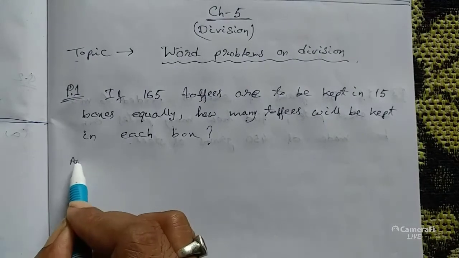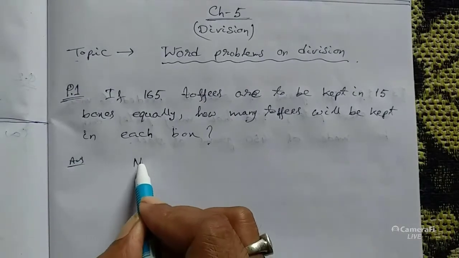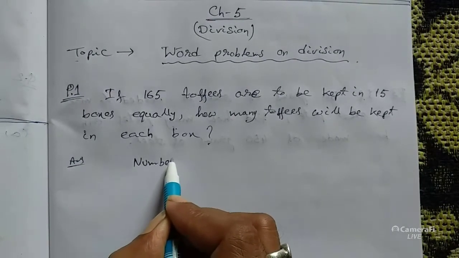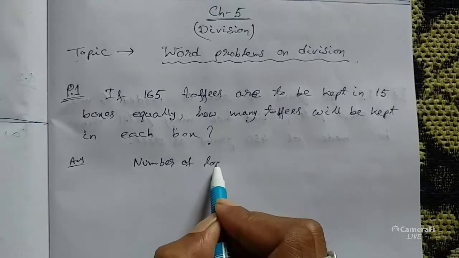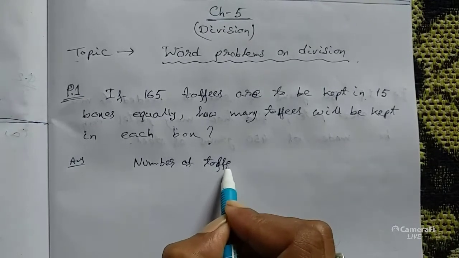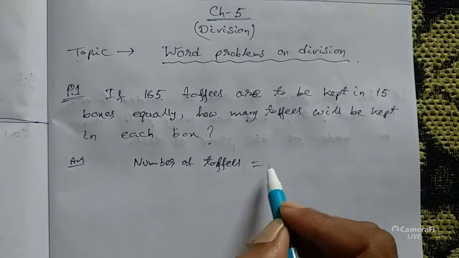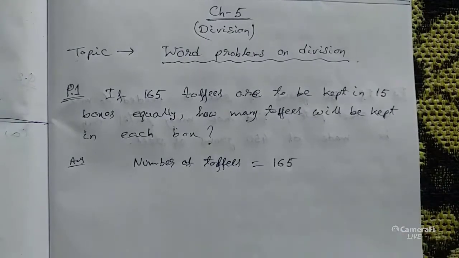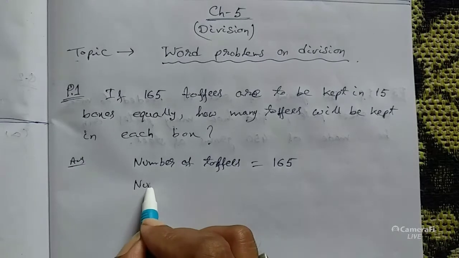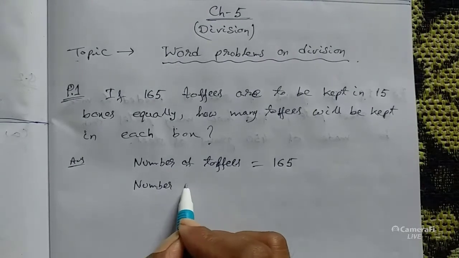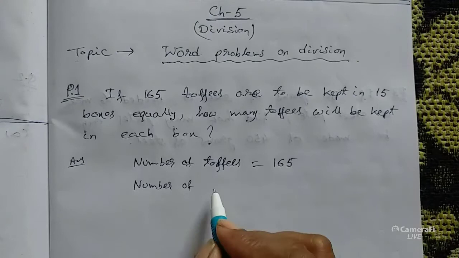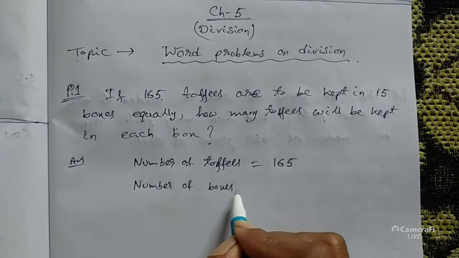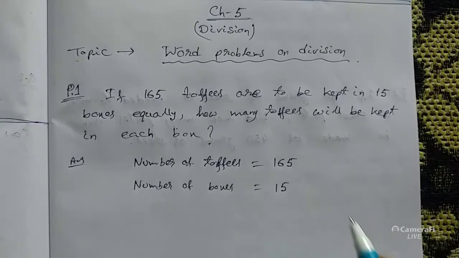So let us first note down that the number of toffees is equal to 165 and the number of boxes is 15. Okay.